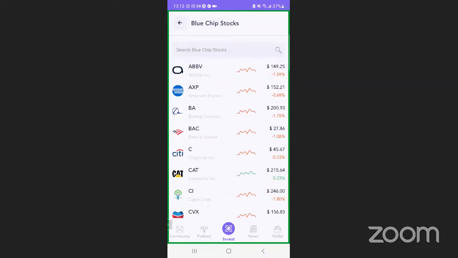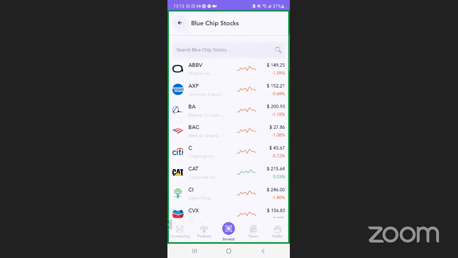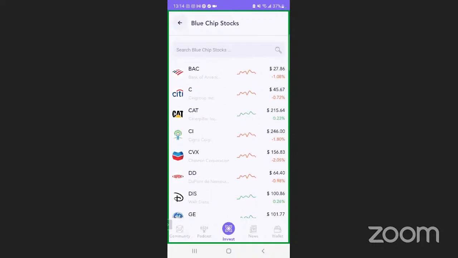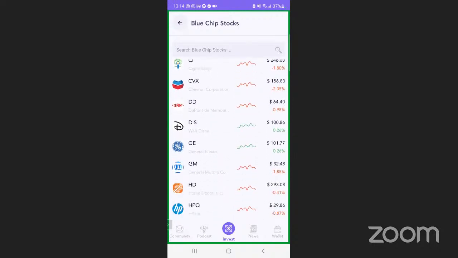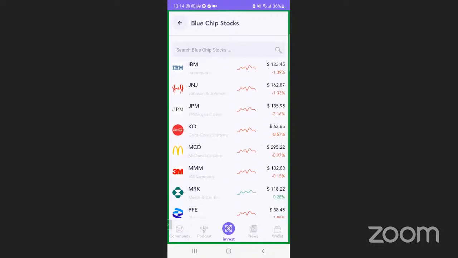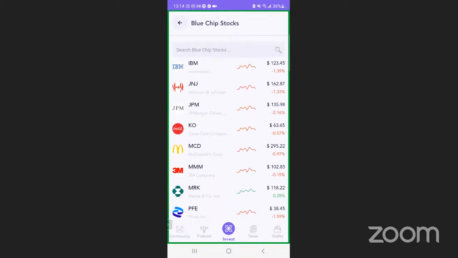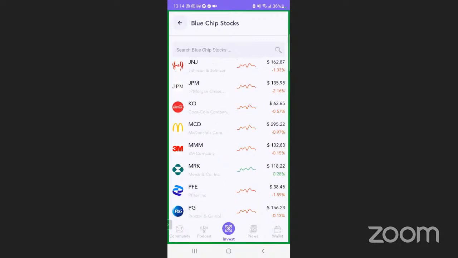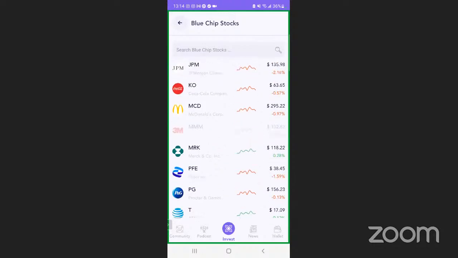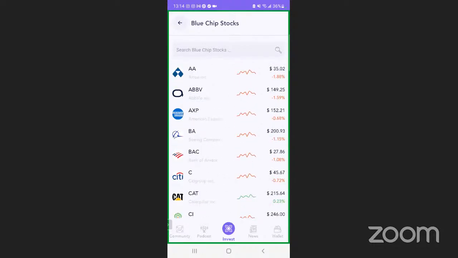You'll see some of the blue chip companies in the app, like Bank of America, Caterpillar, Chevron, Walt Disney. I think you know most of these names. These are household names in the US. Johnson and Johnson, that's the vaccine, the most blue chip of all. You can even see Coca-Cola, McDonald's. So this is what you do: you select some blue chip stocks.